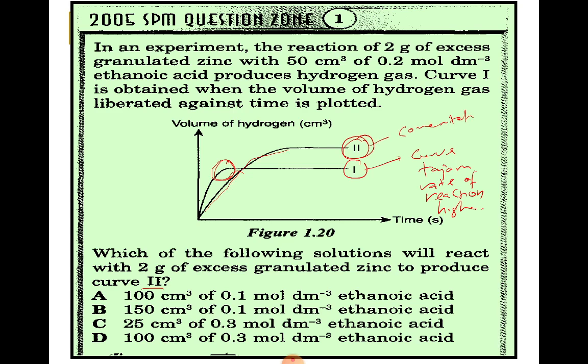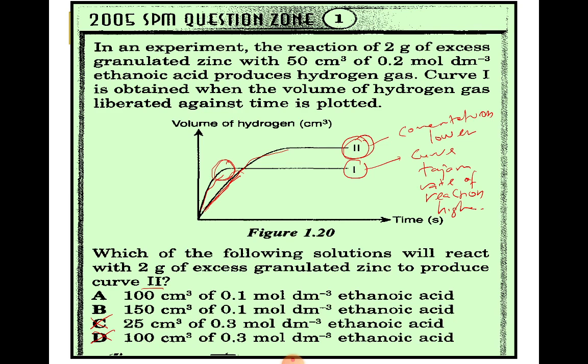Concentration mesti lower lah, sebab dia punya curve dia di bawah curve experiment 1. Bila di bawah curve experiment 1, maksudnya dia punya rate of reaction dia lower. So kita nak cari jawapan, kita ambil concentration yang lower, yang antara 0.1 dengan 0.3. So jawapan kita pangkah C dengan D ni dah pangkah lah, sebab dia punya concentration dia tinggi. Dia tinggi hanya untuk eksperimen 1.